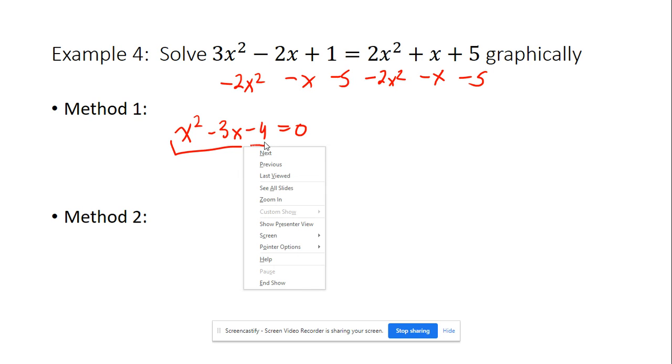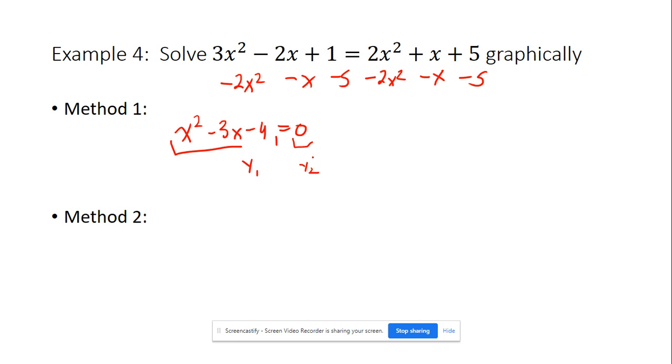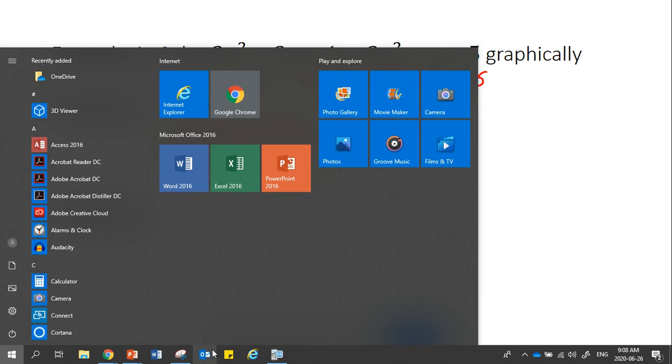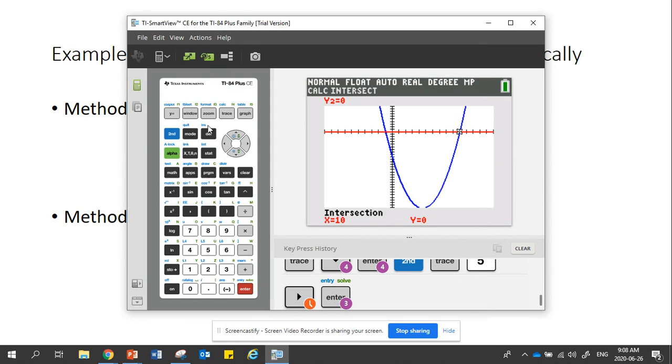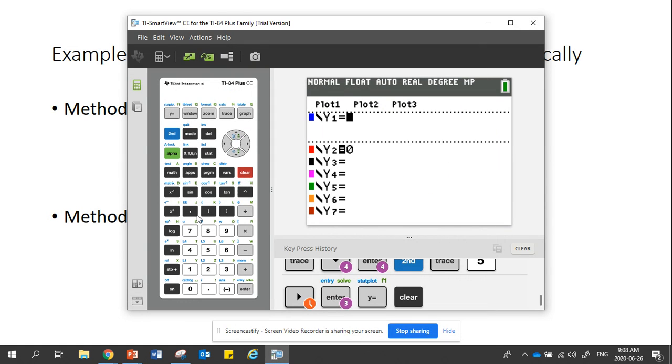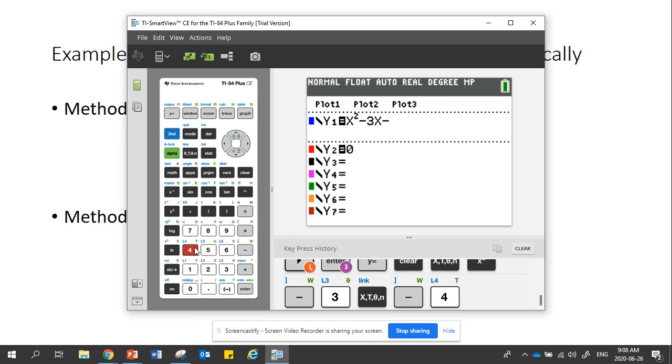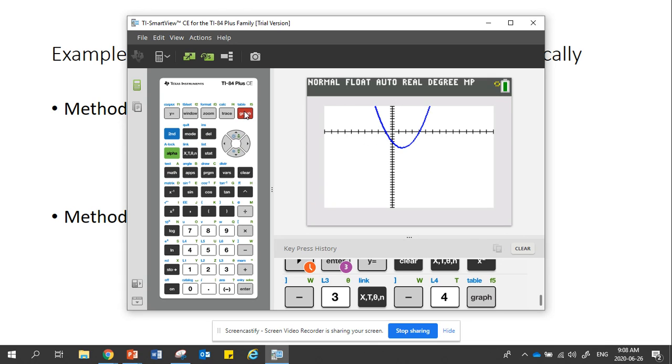And now I'm just going to go y1, y2, intersection point here and here.